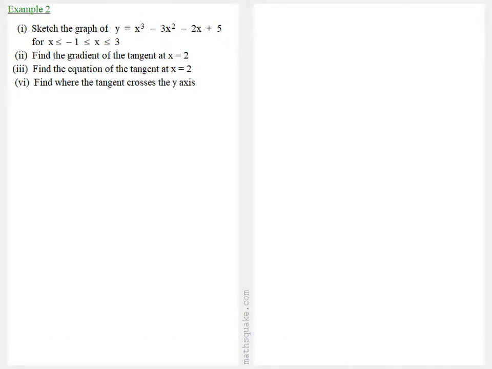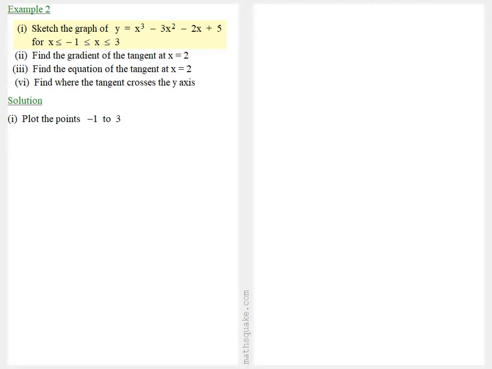Looking at another example, sketch the graph of y equals x cubed minus 3x squared minus 2x plus 5 for values of x between minus 1 and 3. Well, to do this, we can plot the points going from minus 1 to 3.